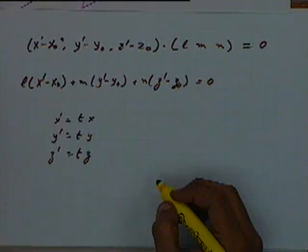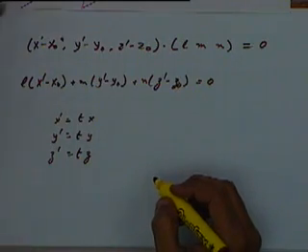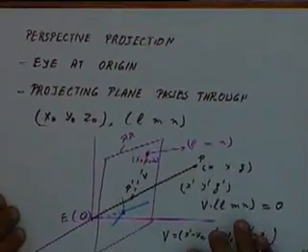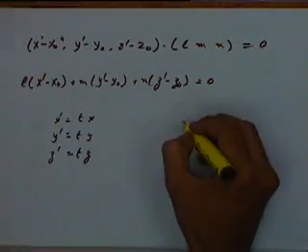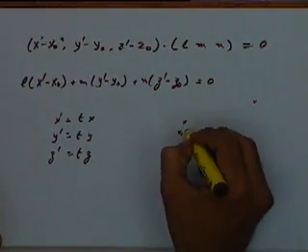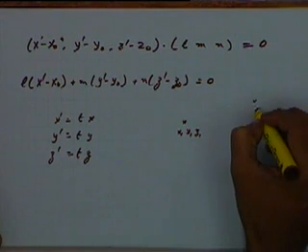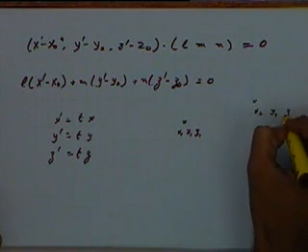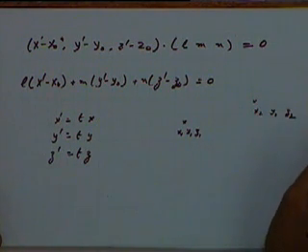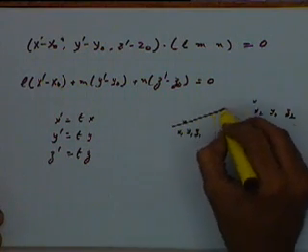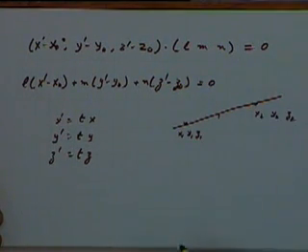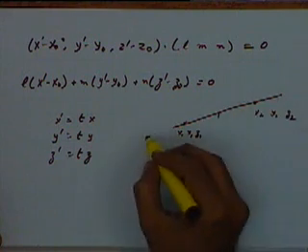That's all right. Essentially, if we have any two points x1 y1 z1 and x2 y2 z2, and we want to find out the location of any point xyz on this, we can write down the parametric equation of this line.